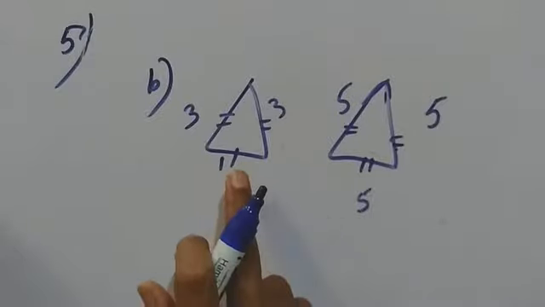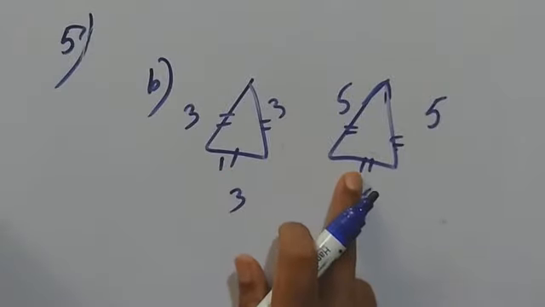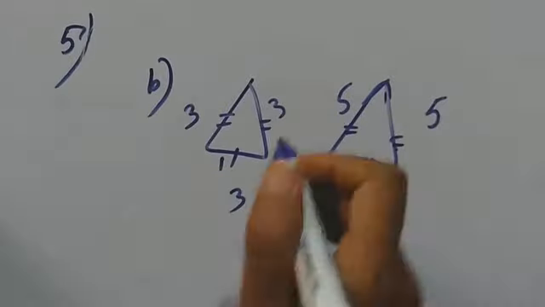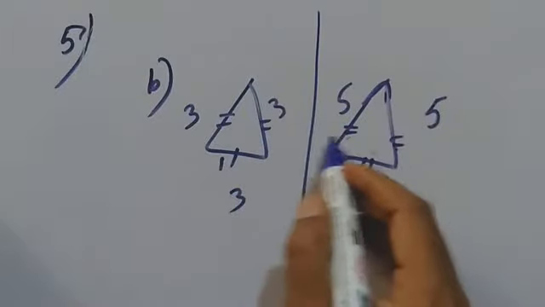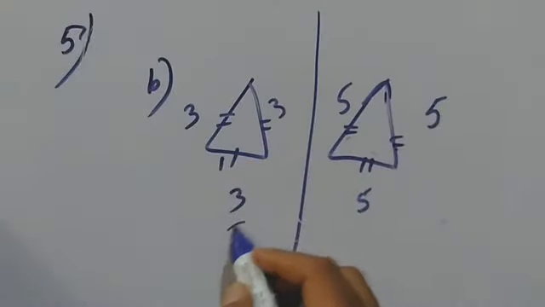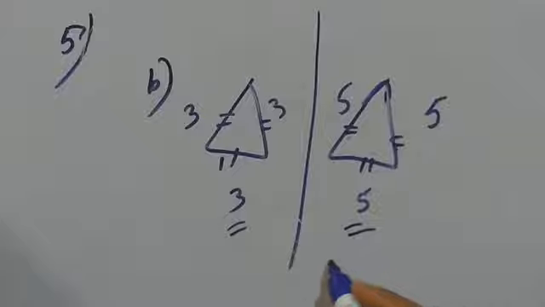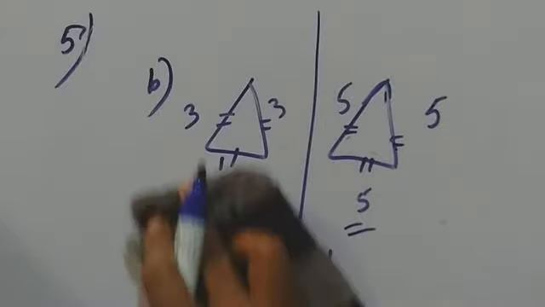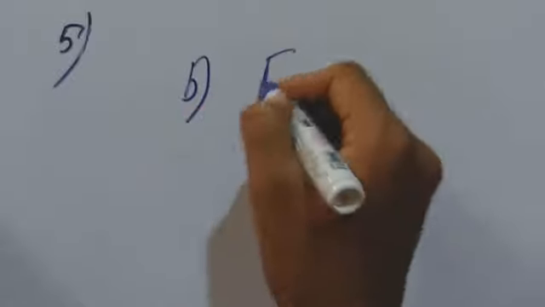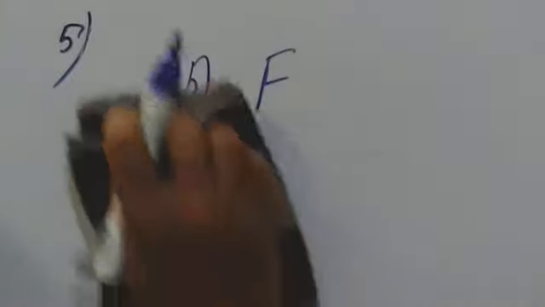Both these triangles are equilateral, but their sizes are not equal. Here sides are 3 centimeter, but here sides are 5 centimeter. So question number B is also false.